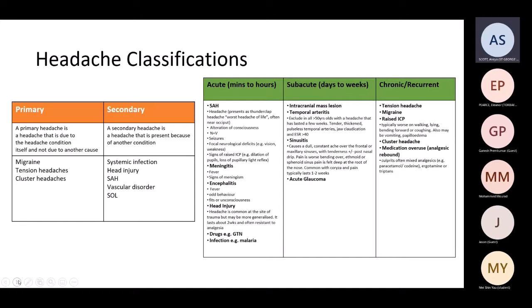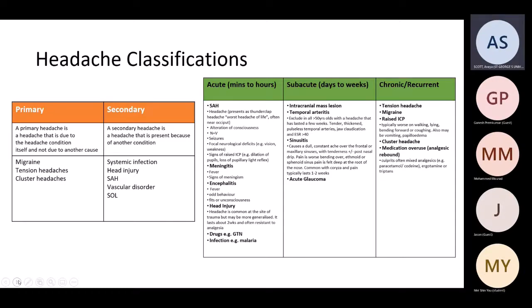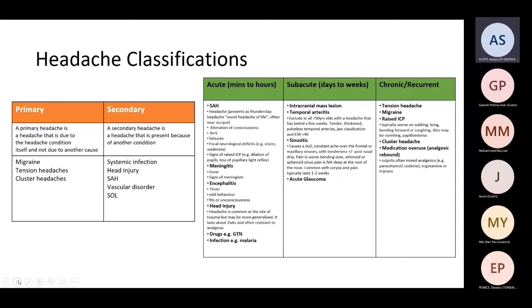So acute headaches would be subarachnoid hemorrhages, which people often describe as a thunderclap headache. It feels like being hit around the back of the head, people say. And then you've got your meningitis, encephalitis, head injuries. Some drugs can give you acute headaches and infection as well. Then you've got your subacute headaches, which are in between, so take a bit longer to progress.